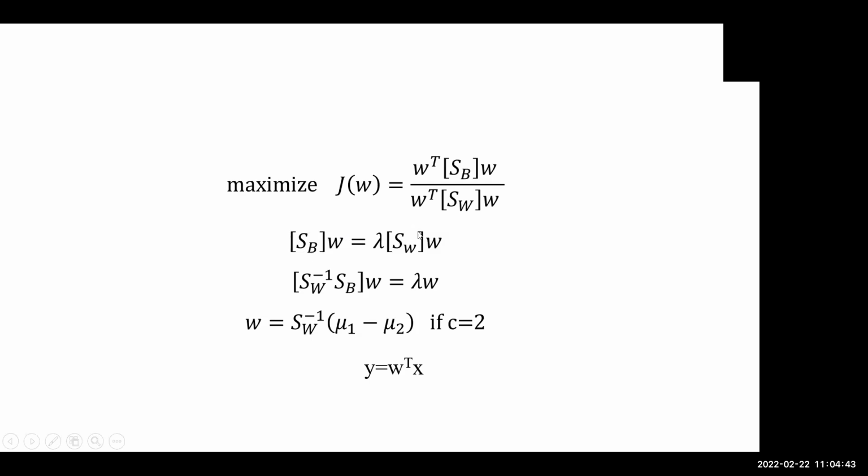And because this is the matrix and this is the matrix, we can bring it over. The lambda is a scalar. And then we wind up with lambda being an eigenvalue and W being an eigenvector of this compound matrix. And going back to that Rayleigh guy, you can solve it this way if C is 2, if you've got two classes.